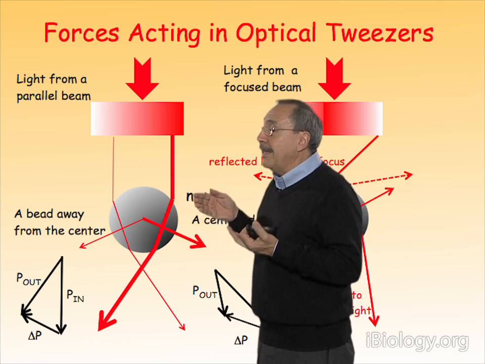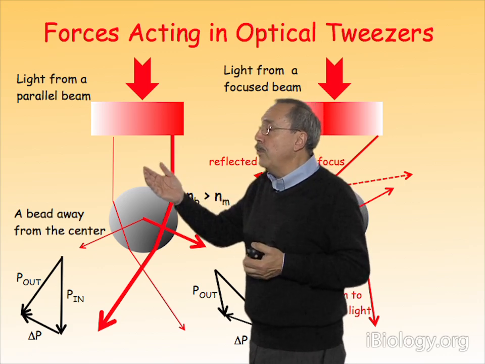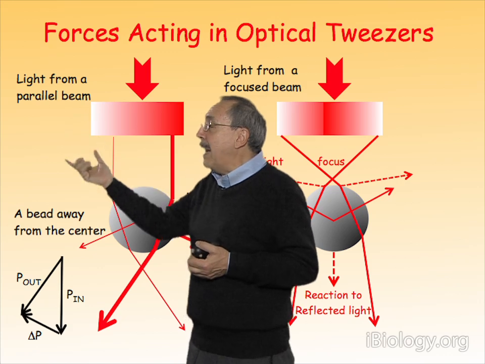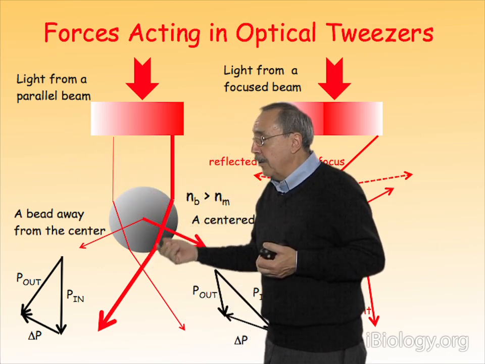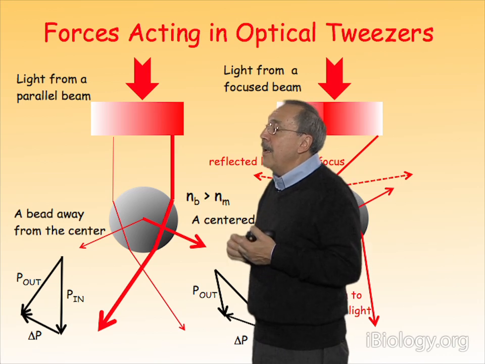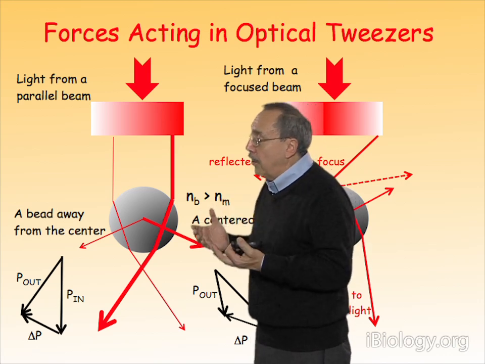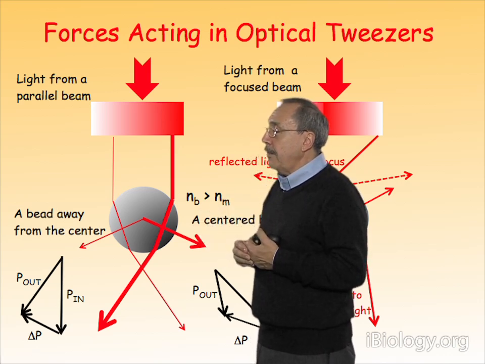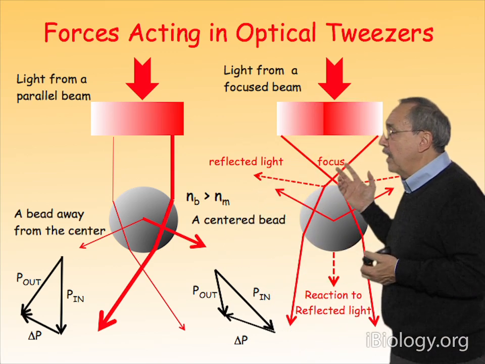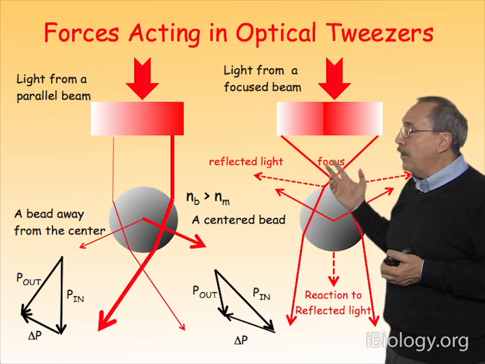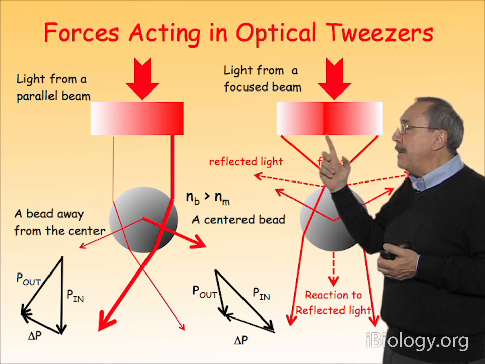So it turns out that this is the case when you use light that comes parallel from the beam, that is not focused, okay? So that's what happens when you have very poorly focused or not focused light. The case we want to consider then is the other case, which is shown here on the right, where we have the beam.